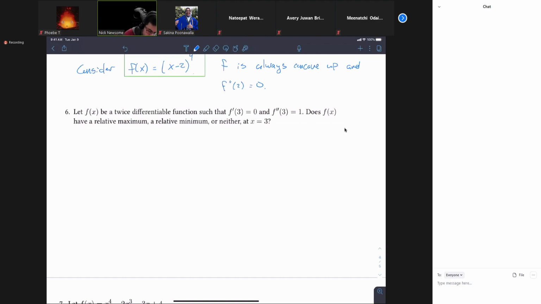Okay, so f prime of 3 being equal to 0 means that 3 is a critical number. And since it's defined there, we can talk about there potentially being a relative min or a relative max. The only thing we don't know is increasing or decreasing.